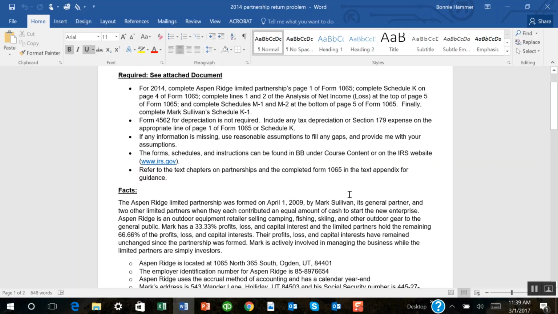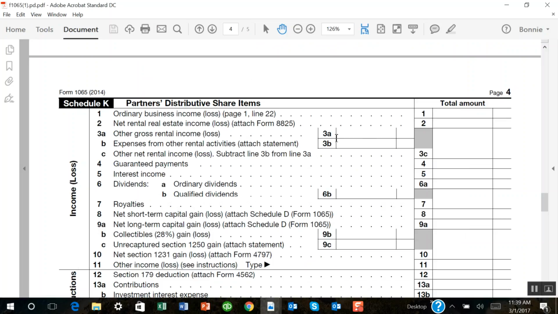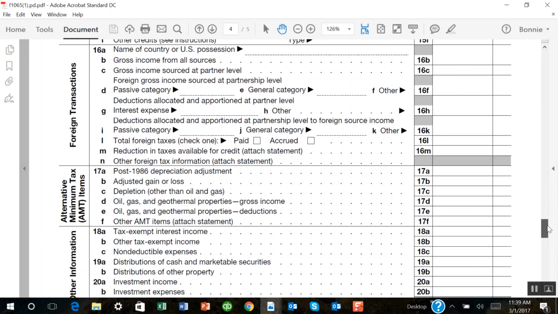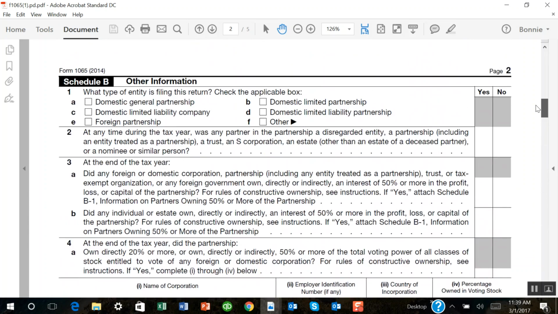So he is going to get 33 and a third percent of each one of these items on Schedule K. Okay? So you fill out page 1 to get your ordinary income.